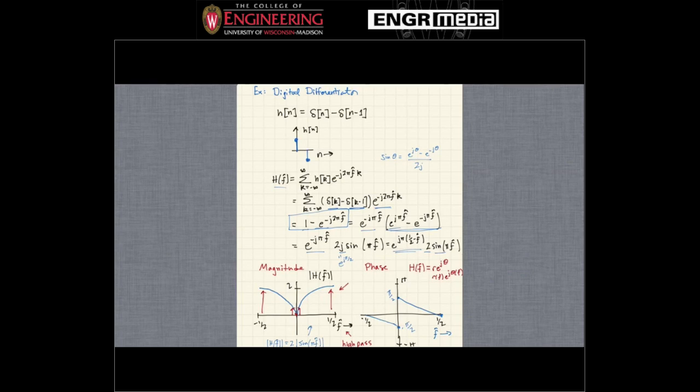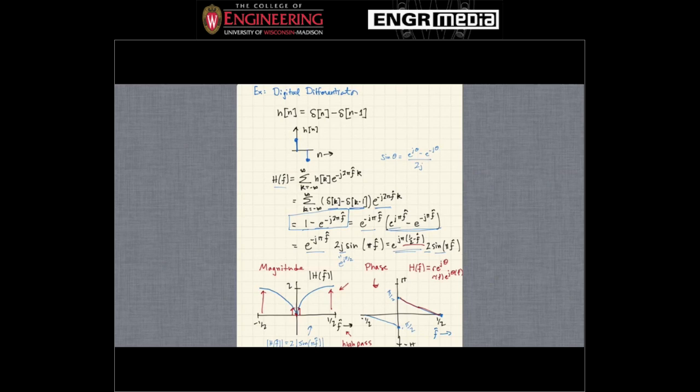In order to find the phase, in this case, it's a little more complicated. When f hat is positive, the sine function takes on a positive value. So in that case, theta is just given by what I'm underlining right there, pi times quantity 1/2 minus f hat. And sure enough, that's a plot of this line here. But when sine of f hat is negative, which happens when f hat is less than 0, then we somehow have to adjust the phase.